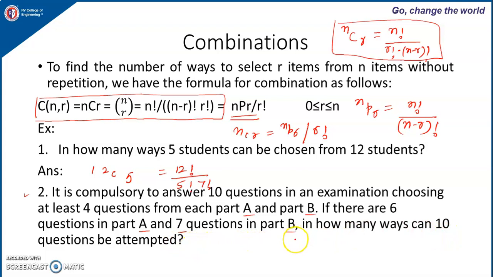So a total of 10 questions has to be attempted. There are 2 parts, A and B. The first has 6 and the second part has 7 questions, and there is a condition: from each part at least 4 questions we need to select. So how many ways can 10 questions be attempted?